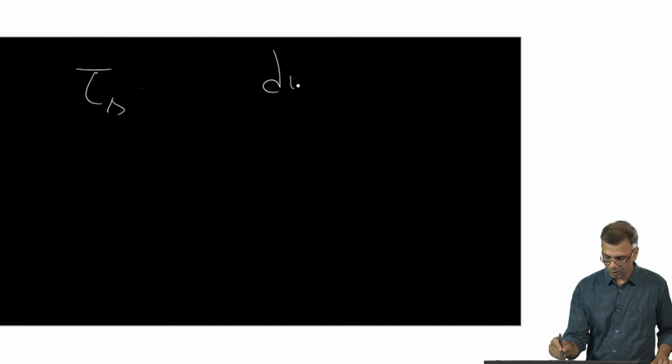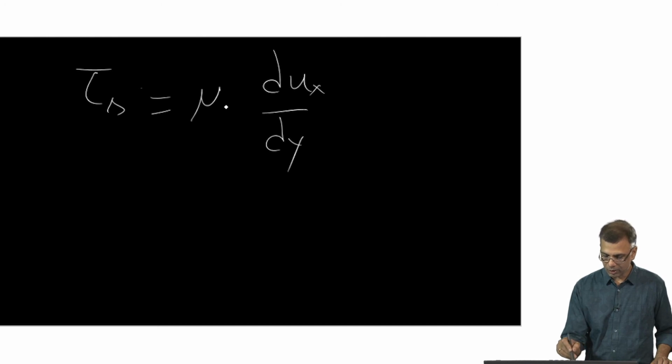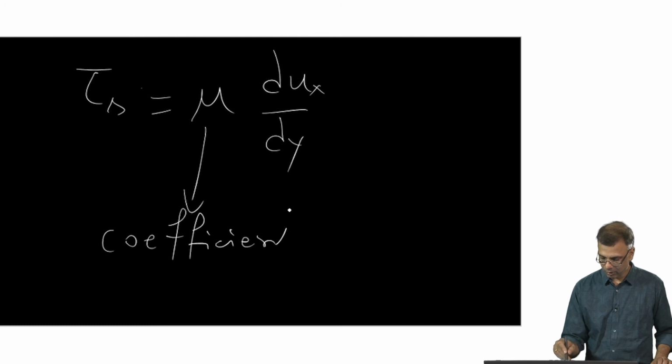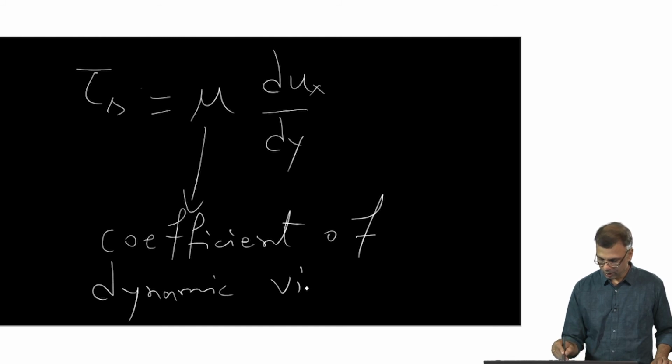In particular, if you write down this kind of a quantity, tau s on the left hand side, and du_x/dy, which we saw on the previous slide, there is a constant of proportionality, and this is called the coefficient of dynamic viscosity.